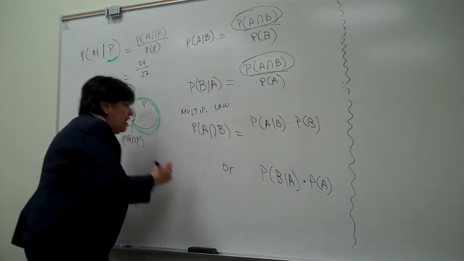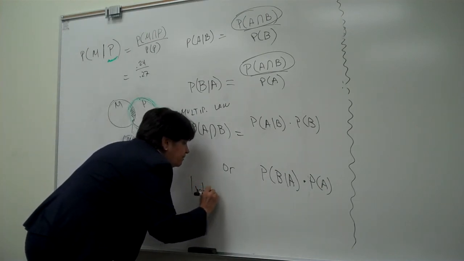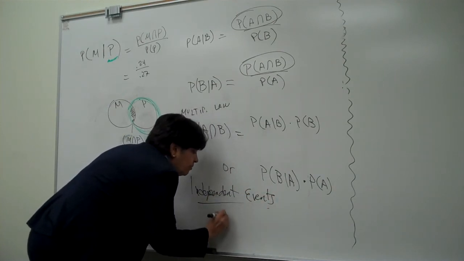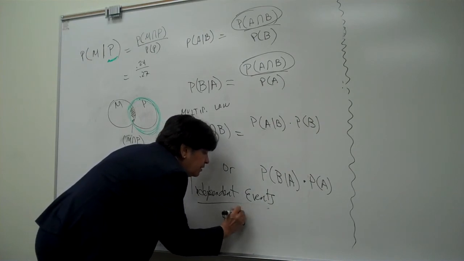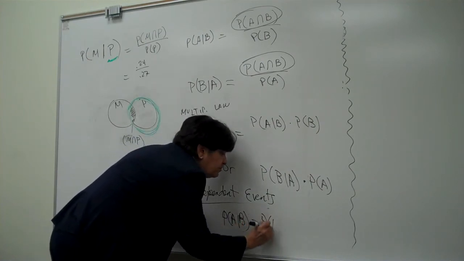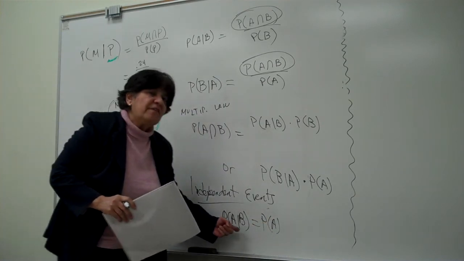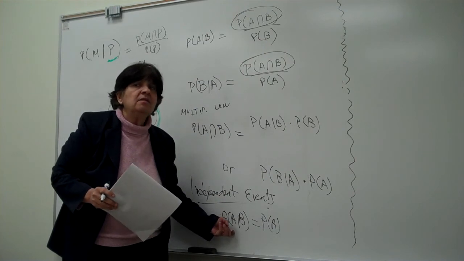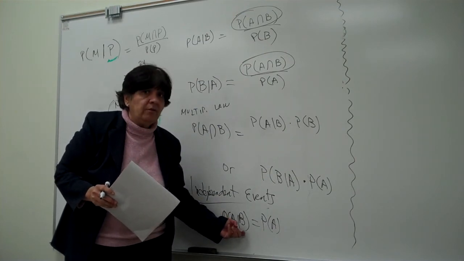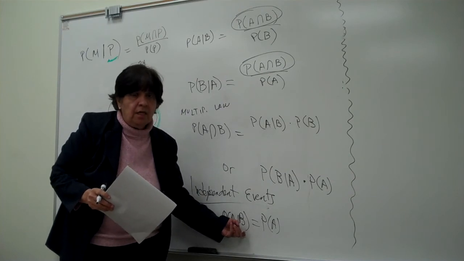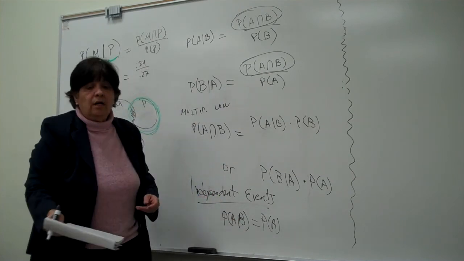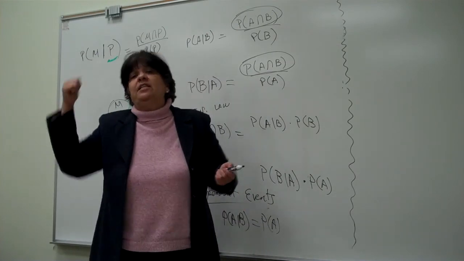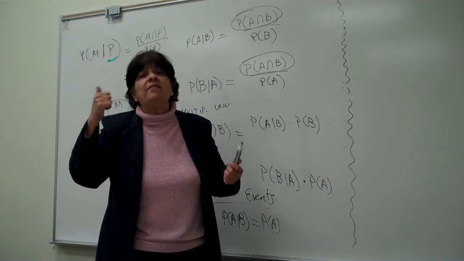When we have independent events, the probability of A given B is equal to the probability of A. So if A and B are independent, it doesn't matter what happened in B. Like tossing a coin: what is the probability that I have a head, given that last time I tossed the coin I had a head?